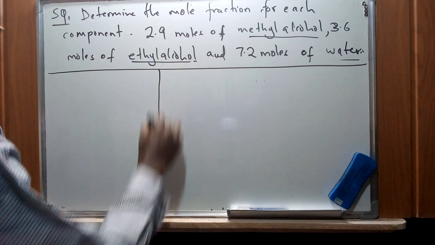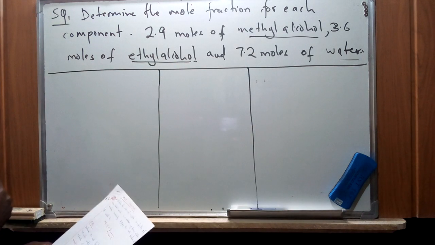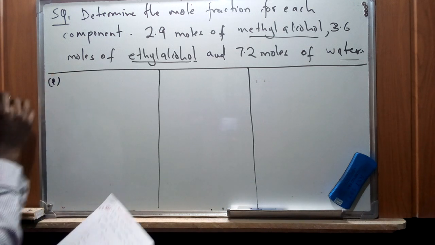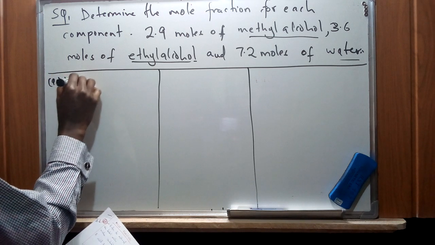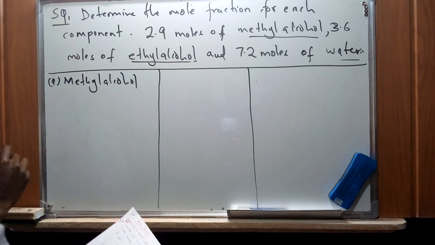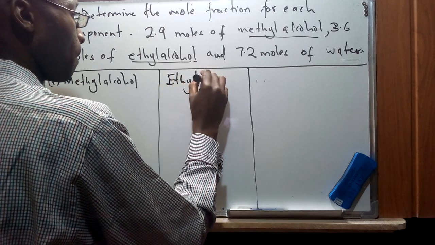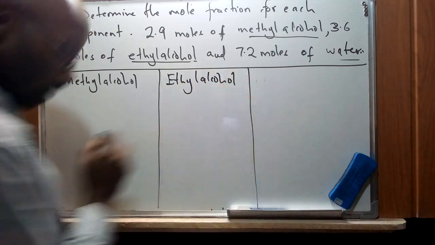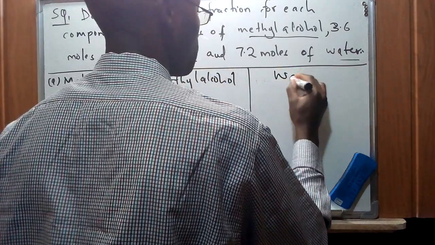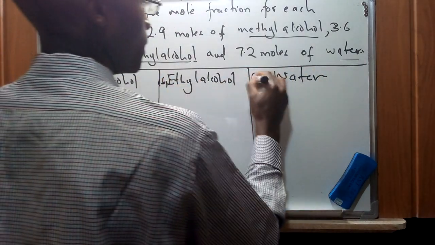So I'm going to divide this table into three specific parts for each of the components. The first one I'm going to have is methyl alcohol, the second one I'm going to have is ethyl alcohol, and the last one that I'm going to have is water. So this is for A, B, and C respectively.